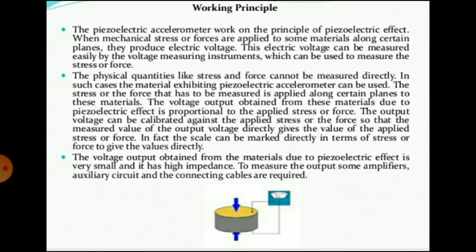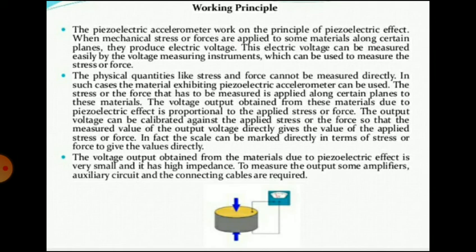A piezoelectric crystal is spring loaded with a seismic mass in contact with the crystal. So there is a seismic mass, and below the seismic mass there is a piezoelectric crystal mounted. When subjected to an acceleration, the seismic mass stresses the crystal with a force F equal to m times a, resulting in a voltage generated across the crystal.